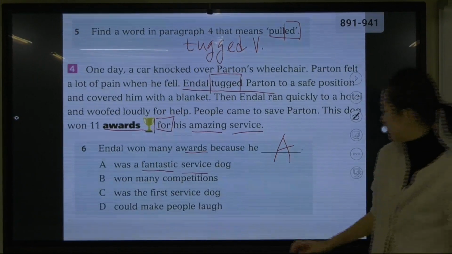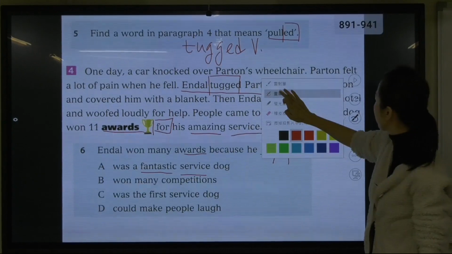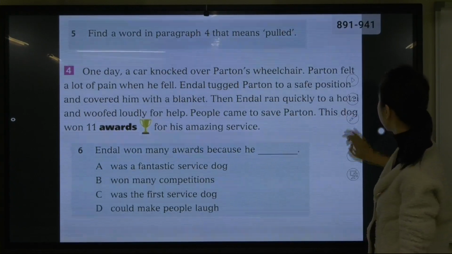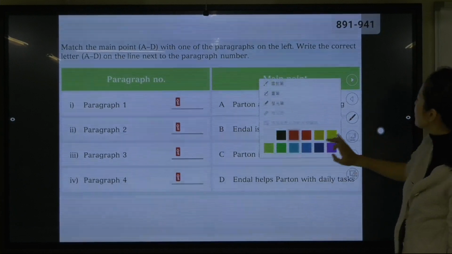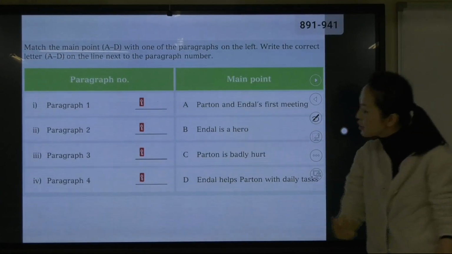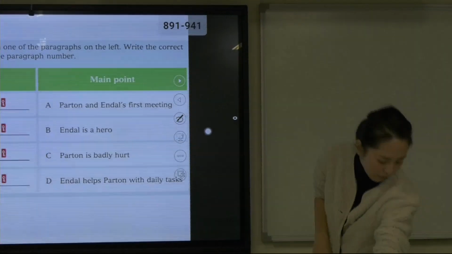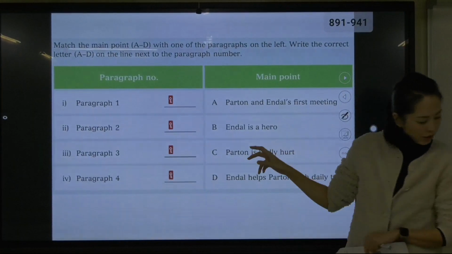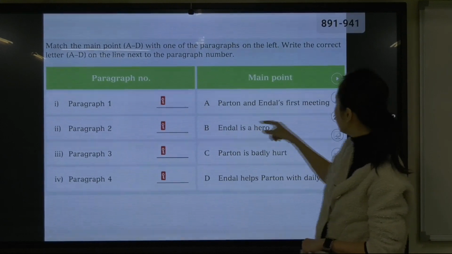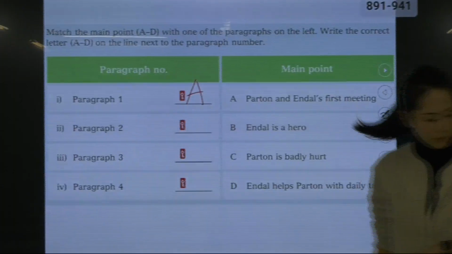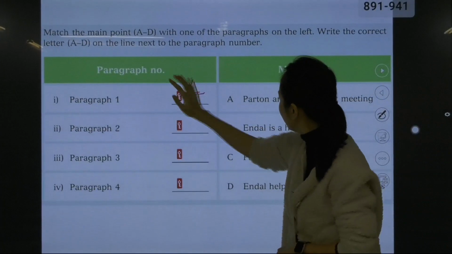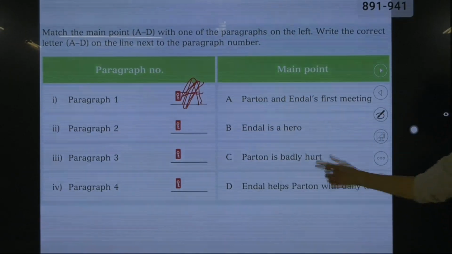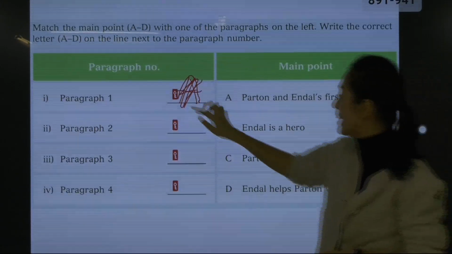And then the last question. I think this one is quite easy now. Okay, so paragraph 1. What is paragraph 1? Parton is badly hurt. Okay, the accident.